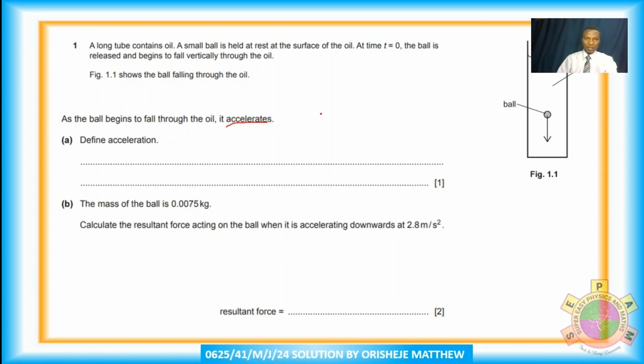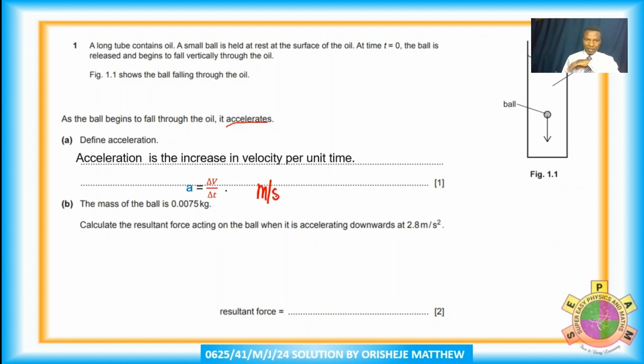Very good. So what is the definition of acceleration? Acceleration is the increase in velocity per unit time. The formula is a equals delta v over delta t. And the unit of acceleration is meter per second square.